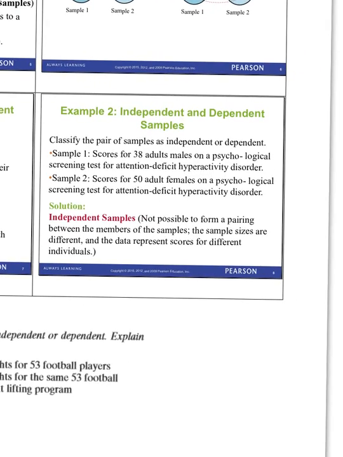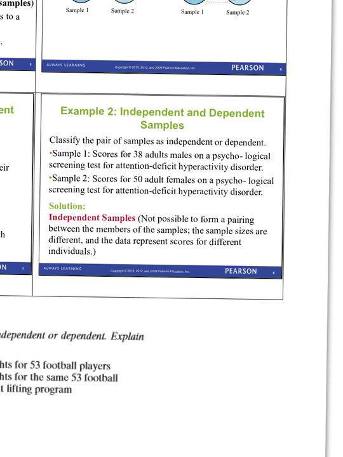If I look at the example where sample 1 is the scores of 38 adult males on a psychological screening test for ADD, while sample 2 is 50 adult females on a screening test for ADD, then clearly I've got these independent samples where it's not possible to form a pairing.